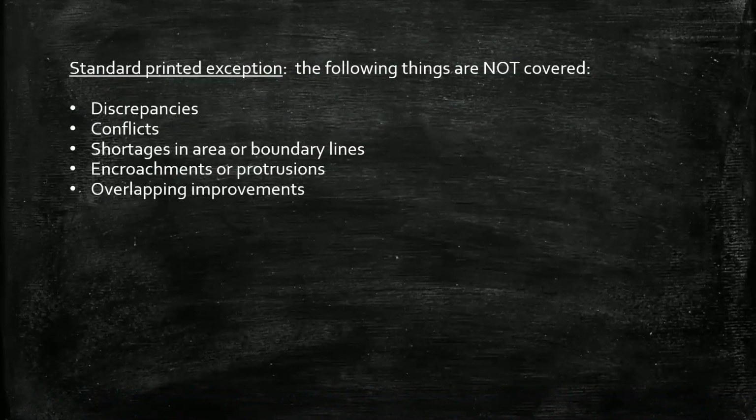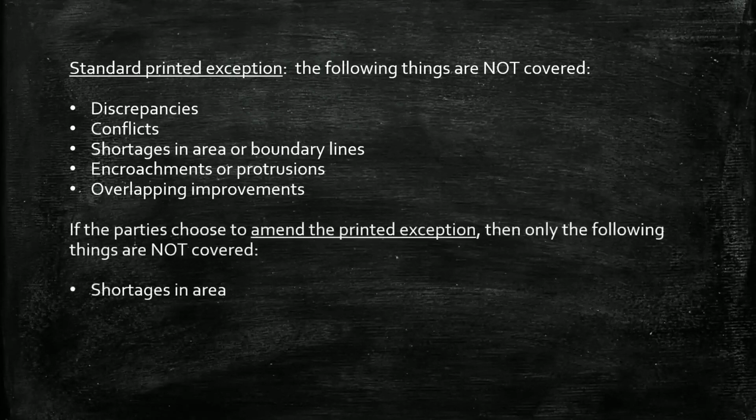The standard printed exception for number 8, these are the things that normally, the default case, are not covered. Discrepancies, conflicts, shortages in area or boundary line, so having to do with the property line of the property, encroachments or protrusions onto the property, or overlapping improvements. All those things are not covered under a standard title policy.